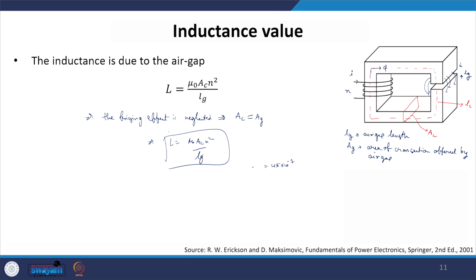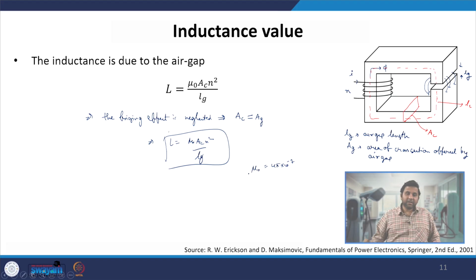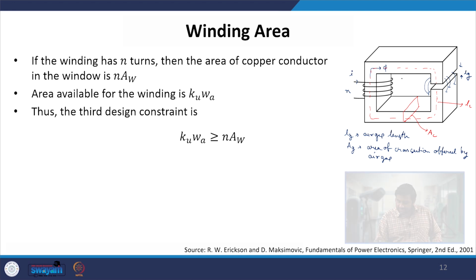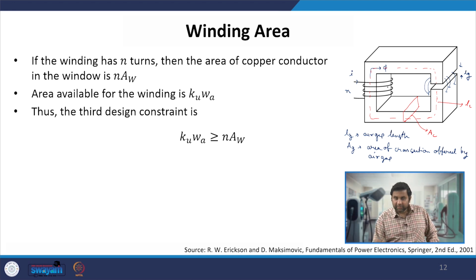Now this is my constraint number 2, which is related to the inductance value, and because we have inserted the air gap to avoid saturation, this inductance value is only dependent upon the air gap. Now this is our core, and here we are putting the winding.